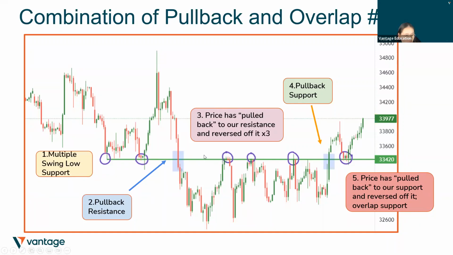So pullback just purely means that you're expecting price to retrace the same level, but it has not done so yet. Okay, no worries. I hope that makes things clearer.